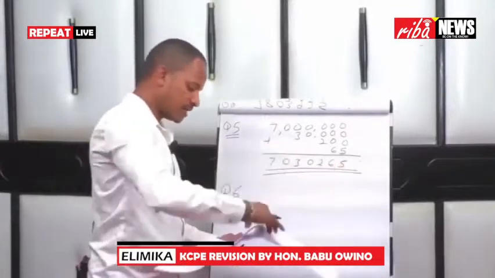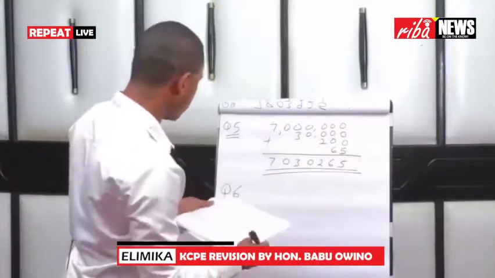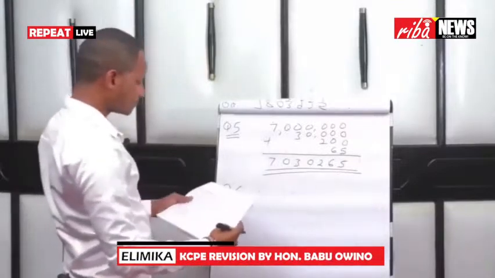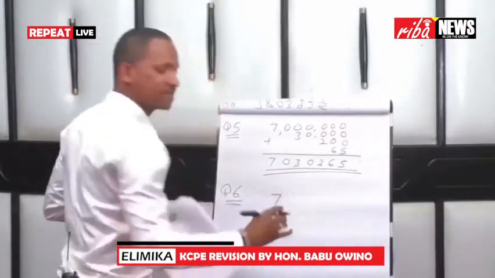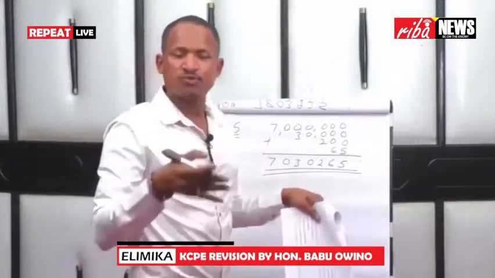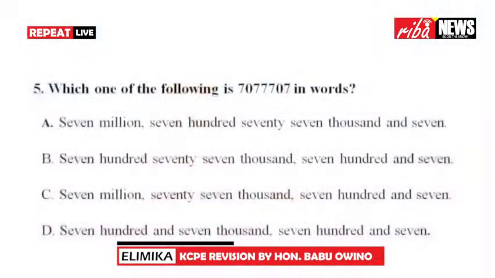So here my question 6 is, now you've been given numbers. They want you to write in words. So the number that you've been given is this. They want you to write it in words. In words, just separate these numbers.